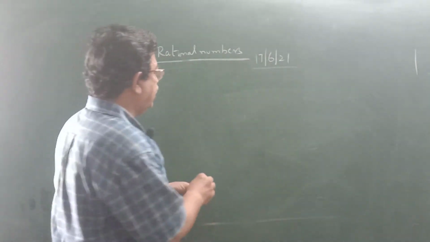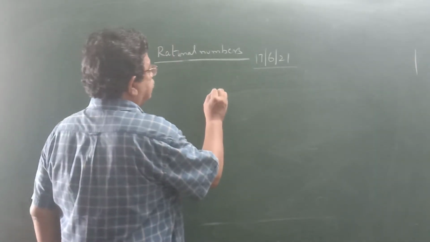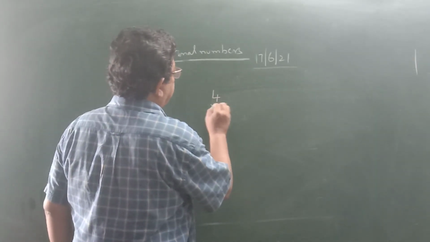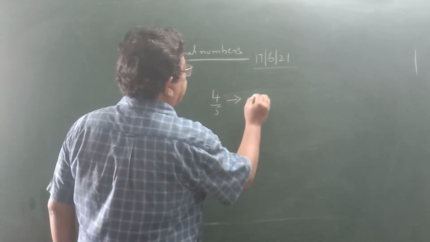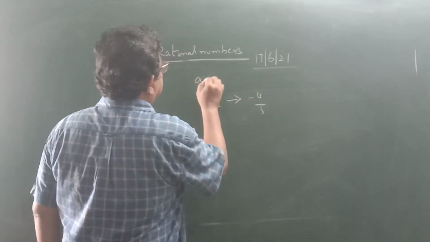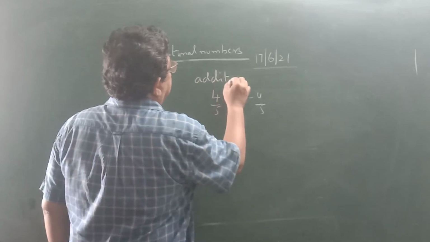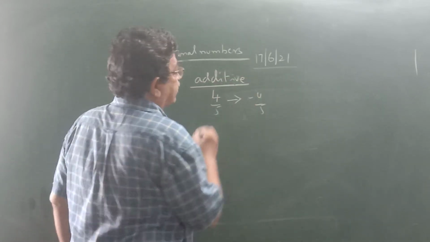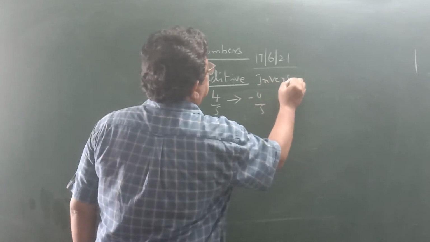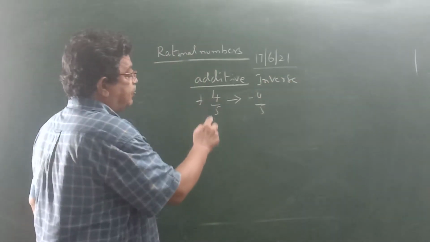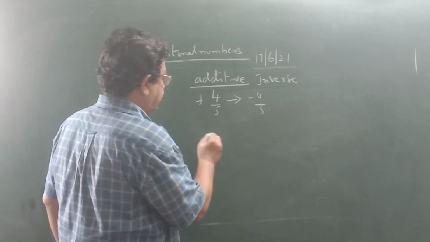Now, what is this? 4 by 5. What is its additive inverse? Minus 4 by 5. So we are just getting the idea of additive inverse. What is the number given? Plus 4 by 5. Its additive inverse is minus 4 by 5.